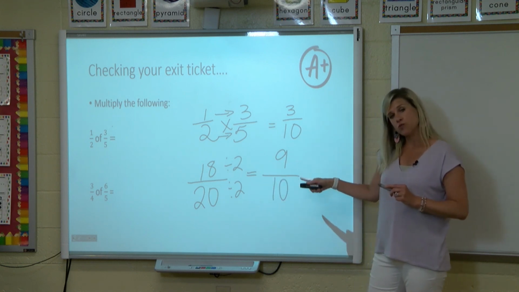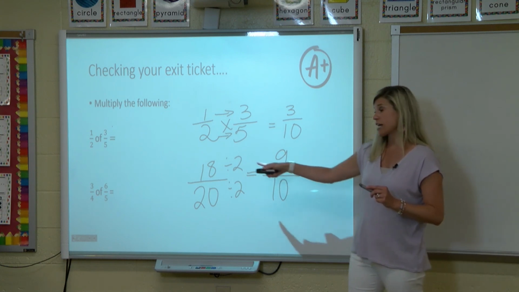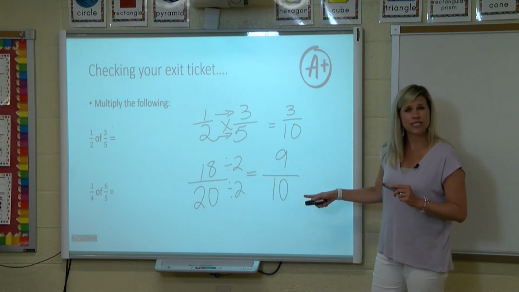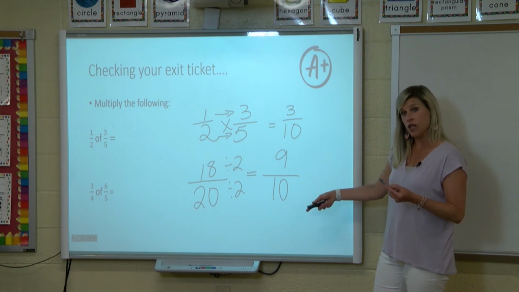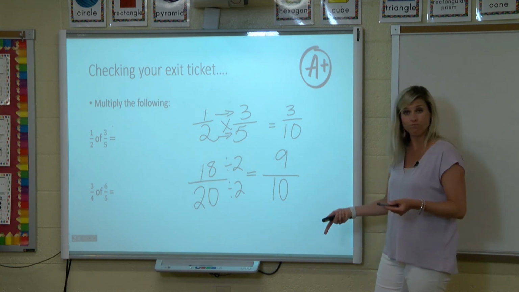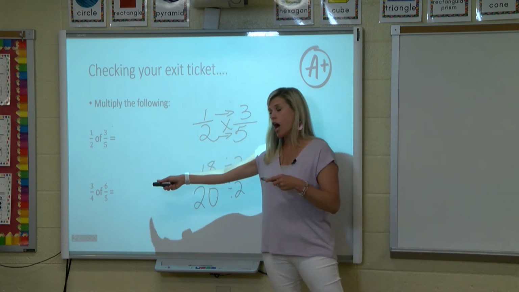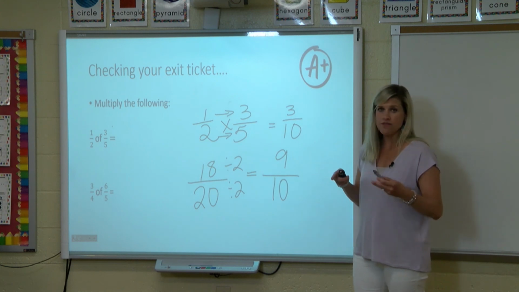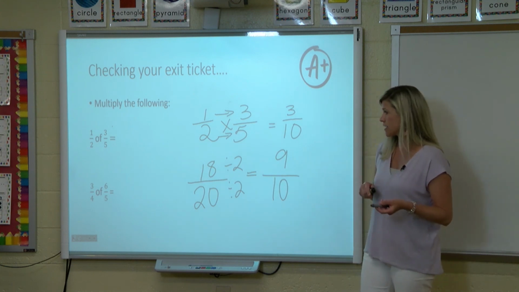Now, that looks much more simple. I could probably draw that a lot more easily than I could the 18/20, and they are equivalent. They're still the same. If I estimate, is 9/10 close still to 1 whole? Yeah. And if you think about a fraction of 6/5, 3/4 of 6/5 is close to 1 whole. So we did it correctly. All right.